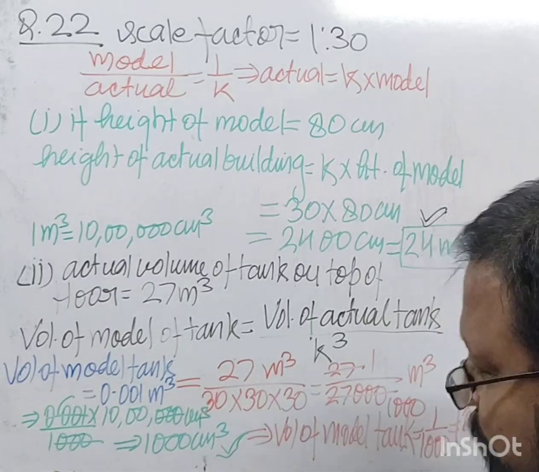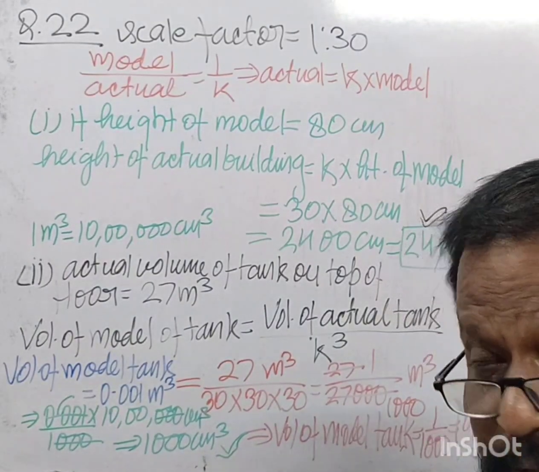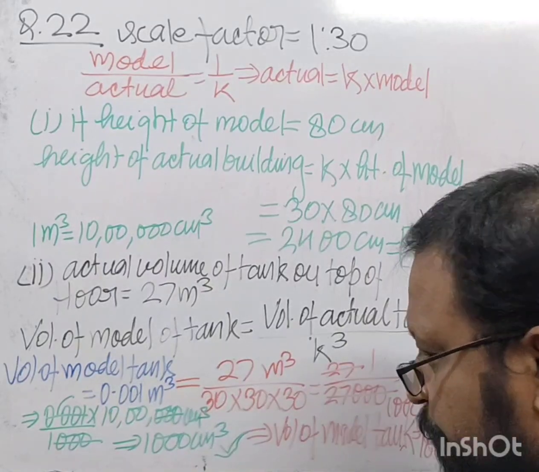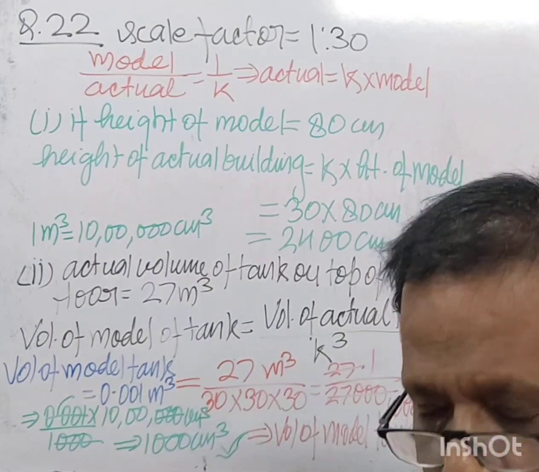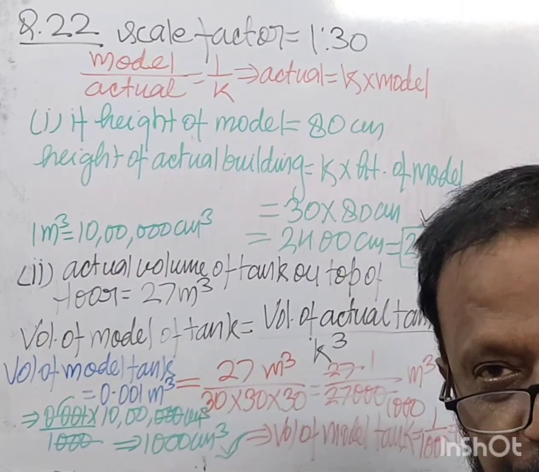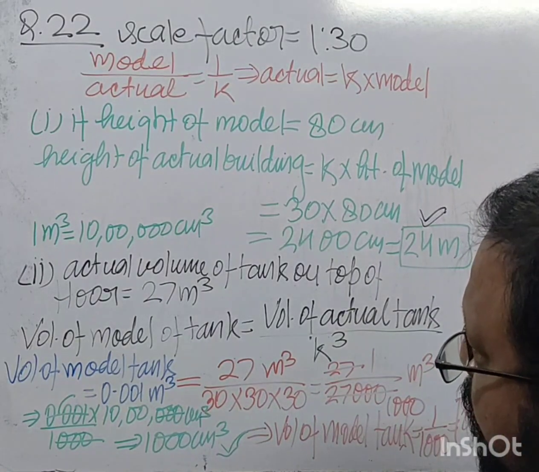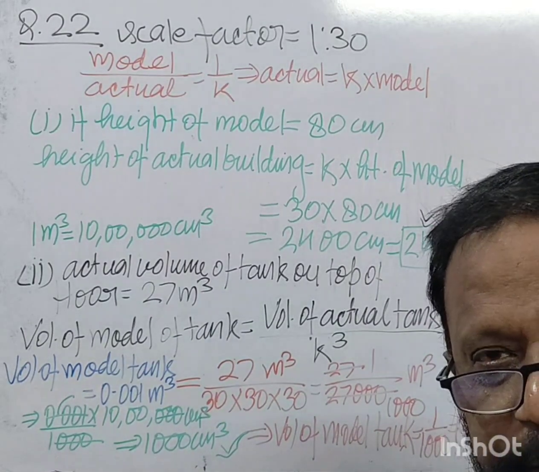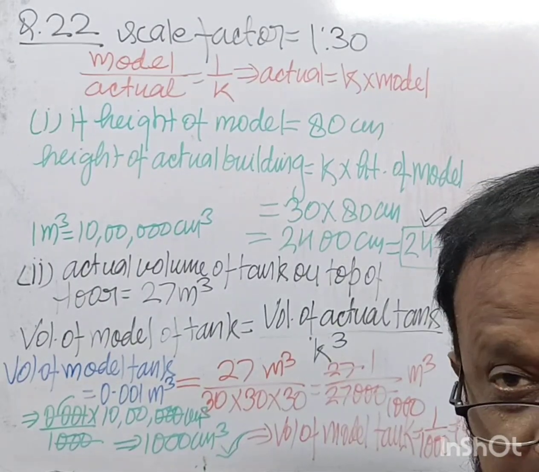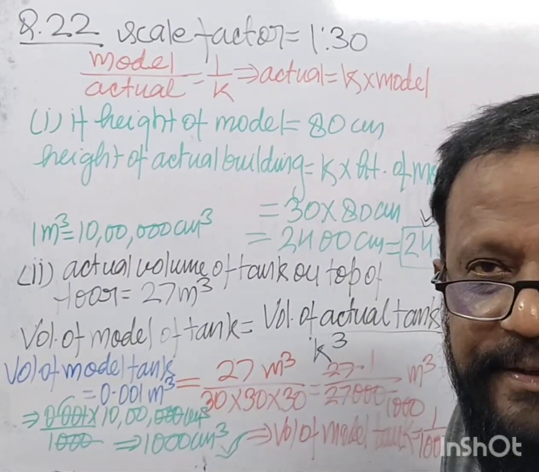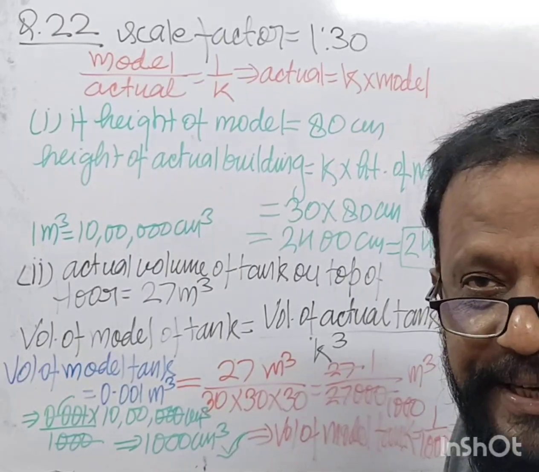But how do you come to know what you have to write? It is not mentioned that you have to find the volume of model tank in centimeter cubes, or the height of actual building in meters. So how will you decide? You have no method to decide.